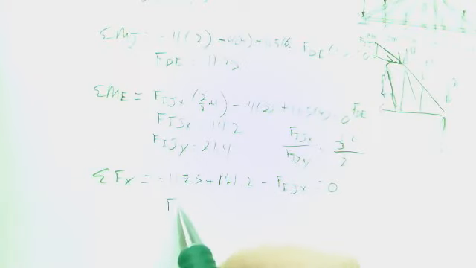So we can solve for FEJ in the x, and that is 3.